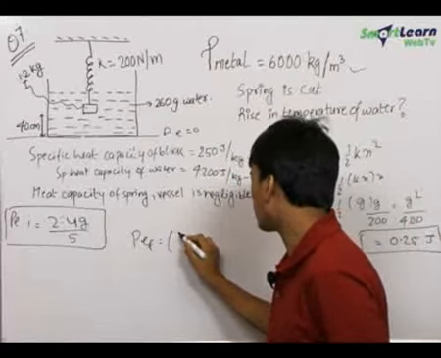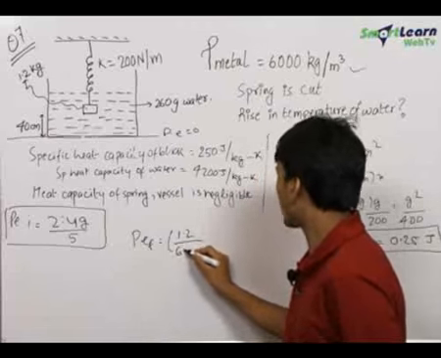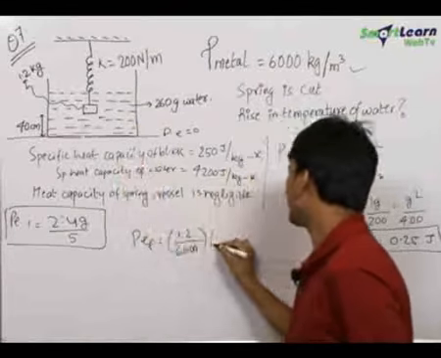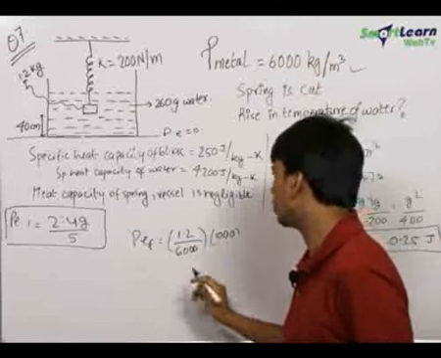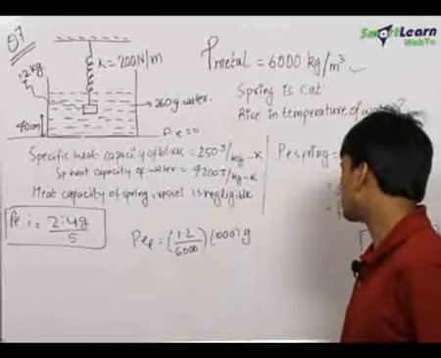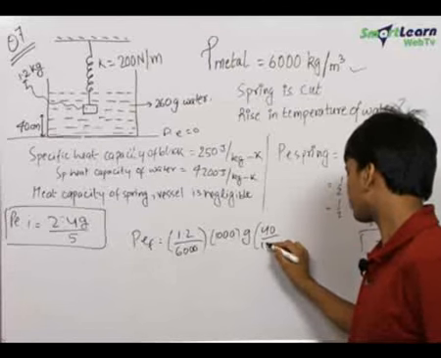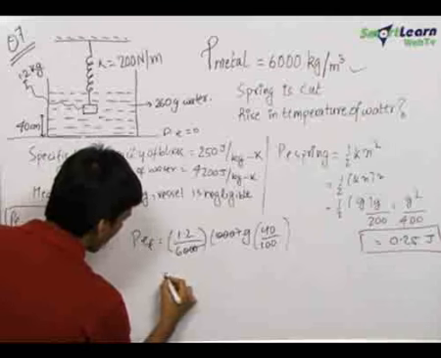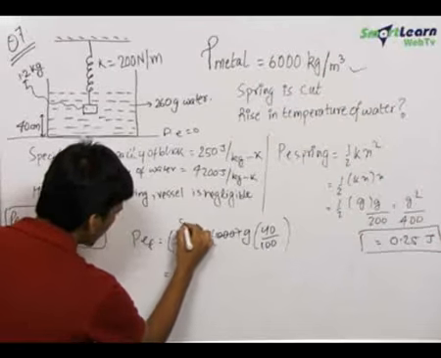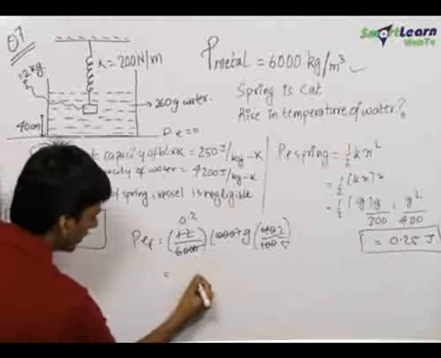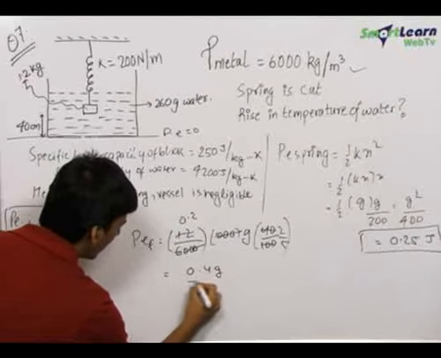Therefore, the volume of this block was 1.2 upon 6000. This is the volume of water, which is moving, into 1000. This is the mass of water that is moving by height equal to 40 centimeters. This is equal to mg into 40 upon 100. This comes out to be equal to 0.2. This is 2 by 5. This comes out to be equal to 0.4 g upon 5.